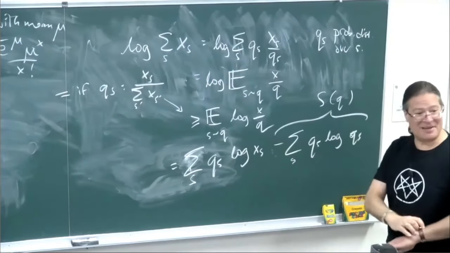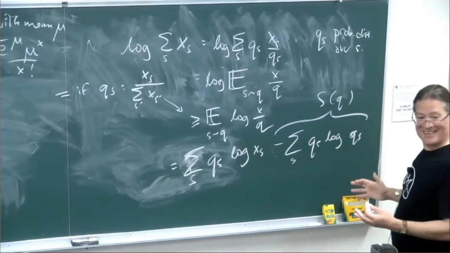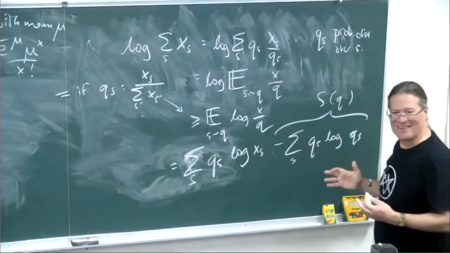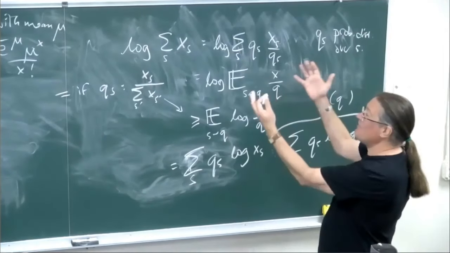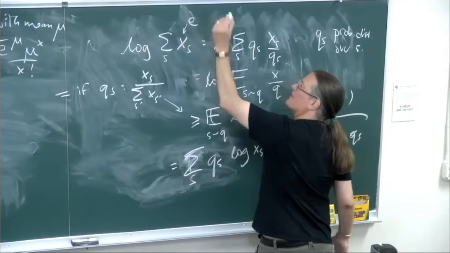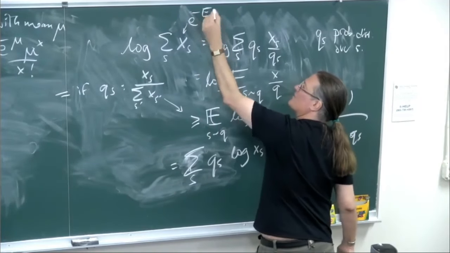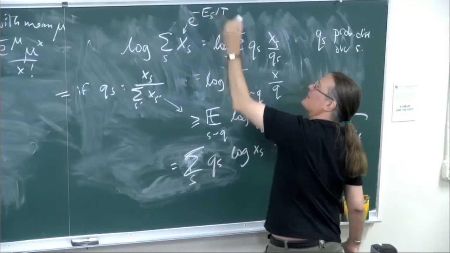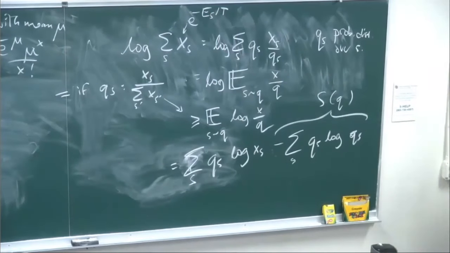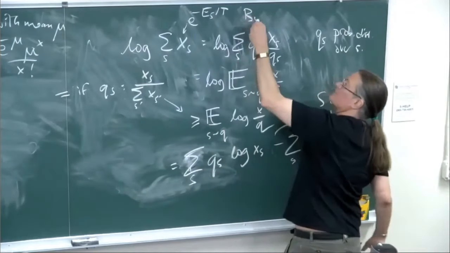In my 5 remaining minutes, well, really? Okay. Cool. In physics, this thing is e to the minus 1 over the temperature times the energy of some state in our set of possible states. This is called the Boltzmann factor.